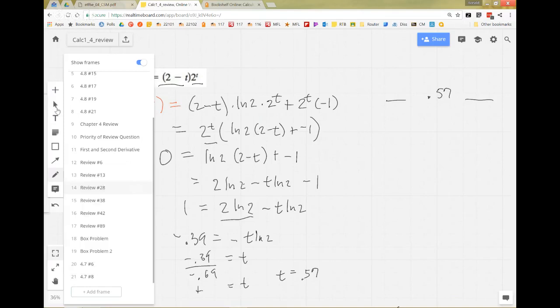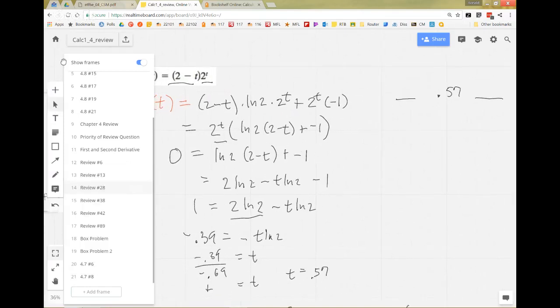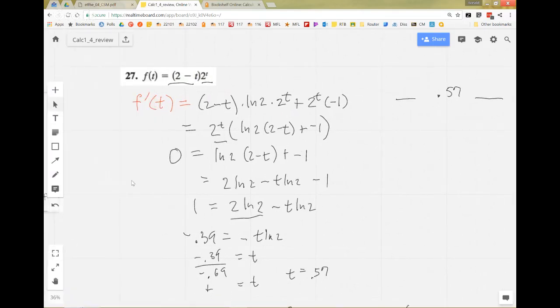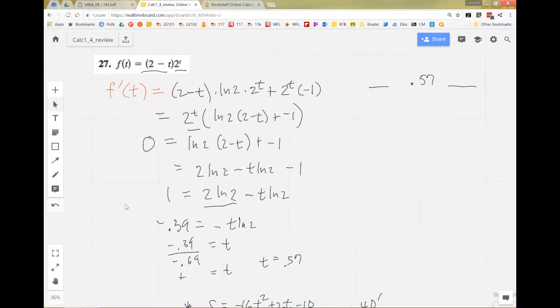So where's our derivative? I guess our derivative is right here. We can use this line right here.